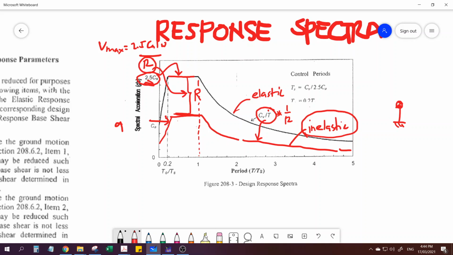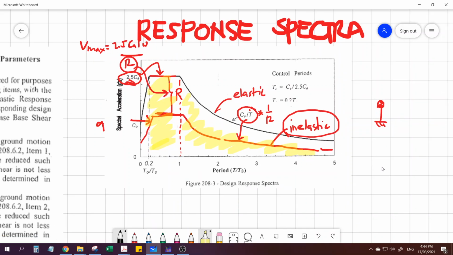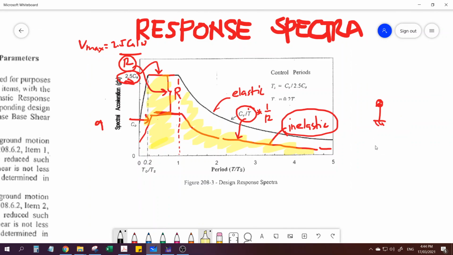Okay. For mid-rise to high-rise, you are in this zone. Okay, so now you know those formulas.